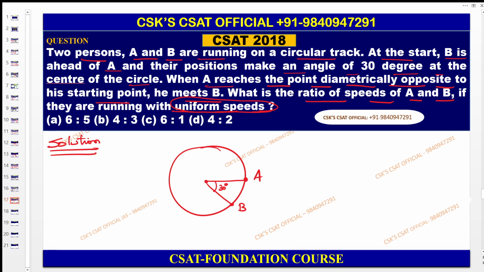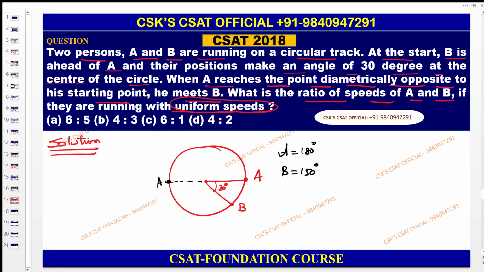When A reaches the diametrically opposite position, which means this side, diametrically opposite means 180 degrees. When A covers 180 degrees, he meets B. So B covers how many degrees? 180 minus 30 becomes 150 degrees.